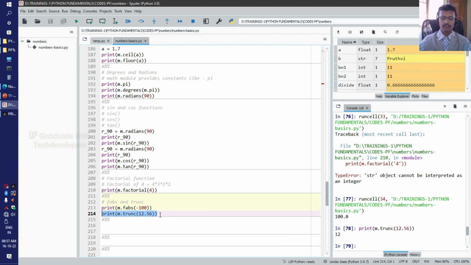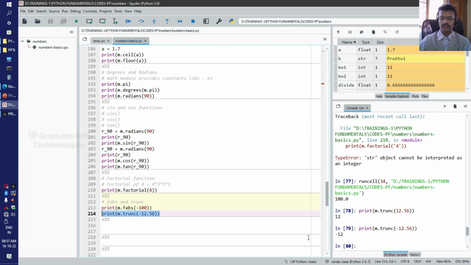So we got 12, the nearest integer value. If you use a negative sign in the truncation method, you will get the negative nearest integer value. The sign will be kept as it is.